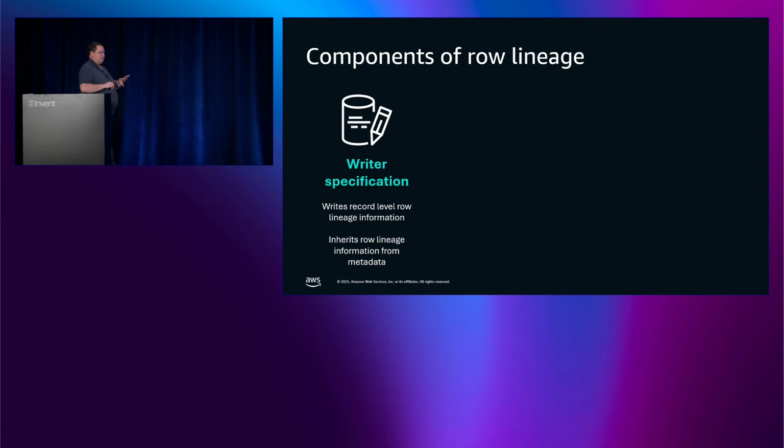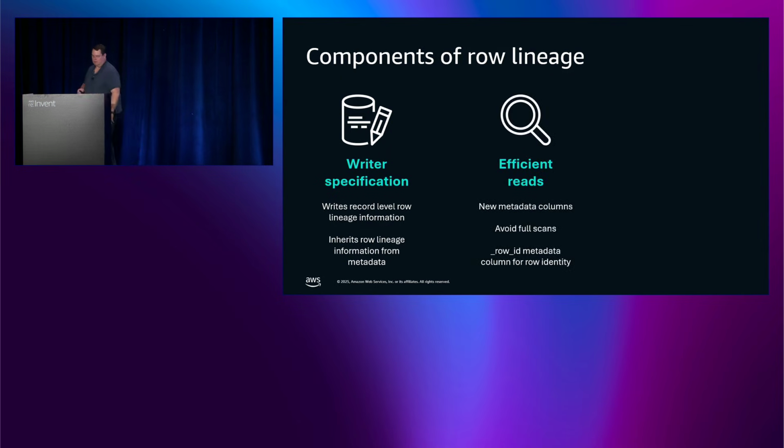But there is a responsibility on the writer side for you to produce these change records that allow for row lineage to be consumed. On the reader side, there are new hidden columns added to V3 tables that give you that row lineage information automatically. So you get a row ID and you get a sequence number, and that's on every single V3 record.